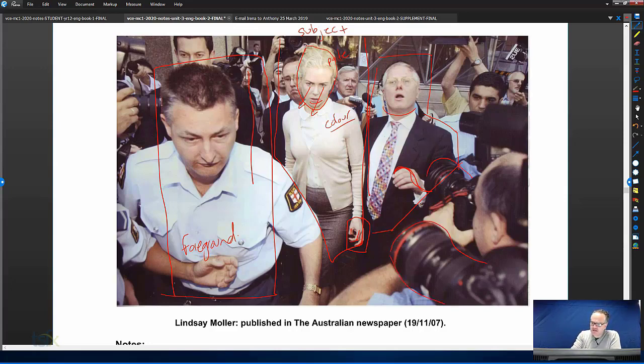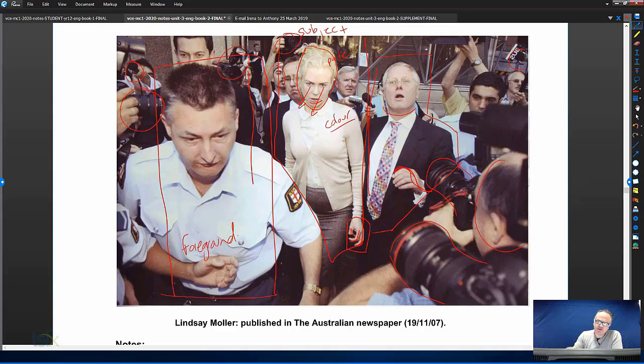If you have a look here, they're cameras, microphones. We've got a camera up the back here. We've got cameras here, a camera here, another microphone here. We actually don't see the people that are crowding around her. So they're faceless, and the most we get probably is this guy's face just here.